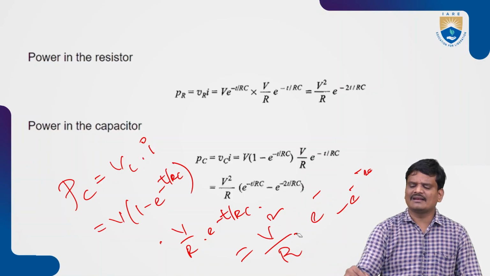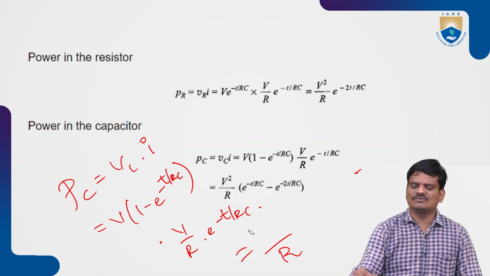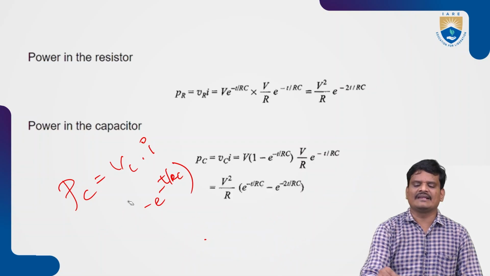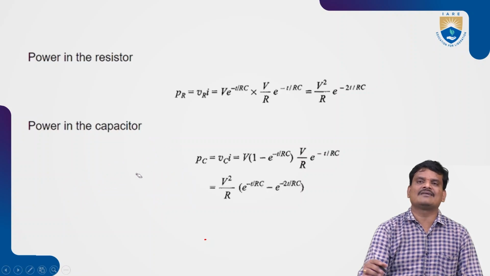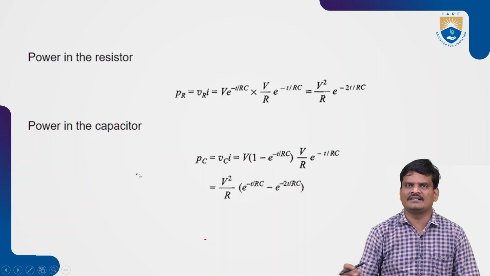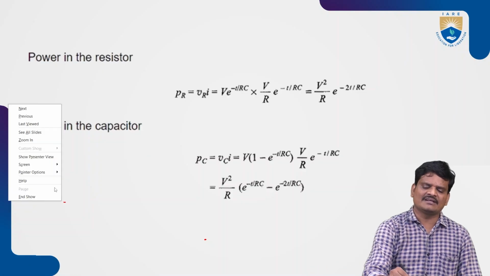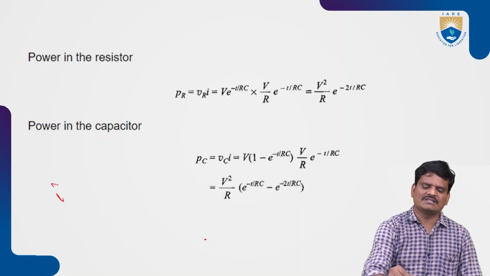So by calculating the total or complete solution for the current that is flowing in a series RC circuit, I can evaluate the expression for the different parameters that are present across each passive element that is connected in a circuit. I have calculated the complete solution of the current here. What is the complete solution obtained? V by R into e to the power of minus t by RC.